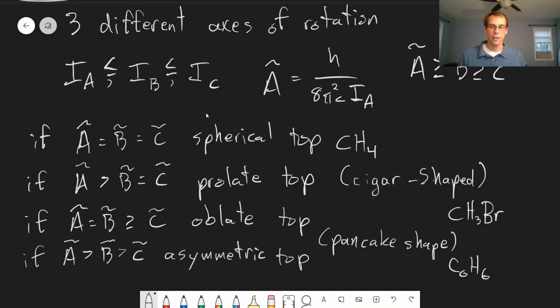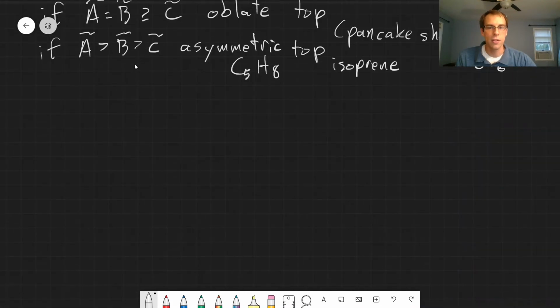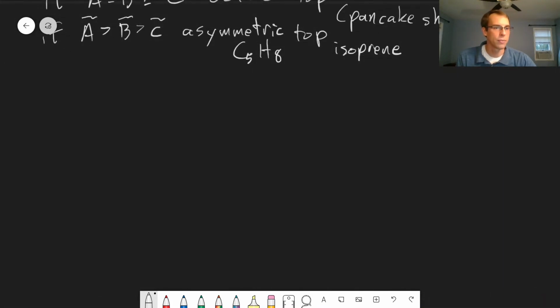So the energies for these different cases are different from each other. The asymmetric top is the biggest class of molecules. My favorite one is isoprene, C5H8. That doesn't have any specific symmetry about it. Okay, so each of these has its own associated energy levels that depend on which type of top it is.